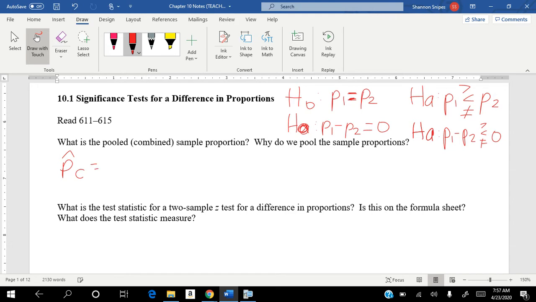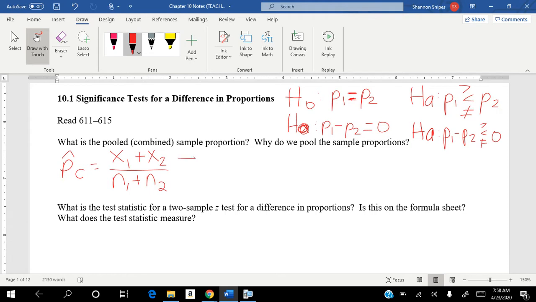Basically you're just going to add your results, your successes, if you will, together and put that on the top, and then you're going to add your sample sizes and put that on the bottom.